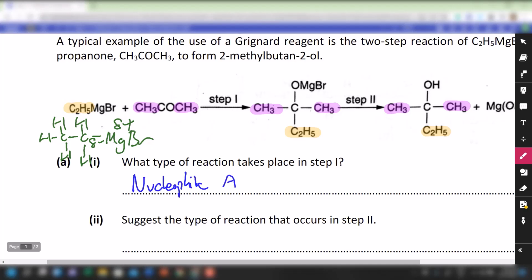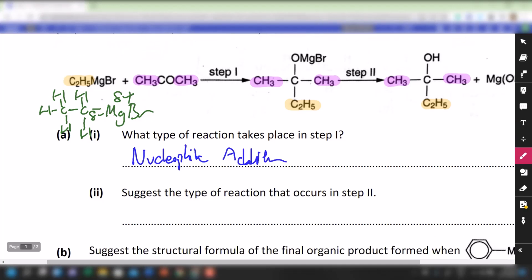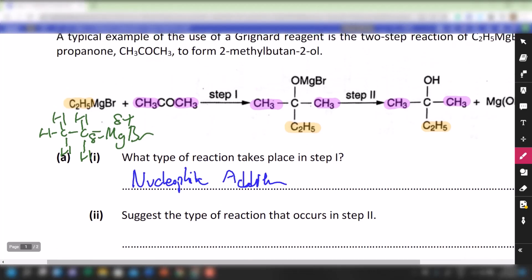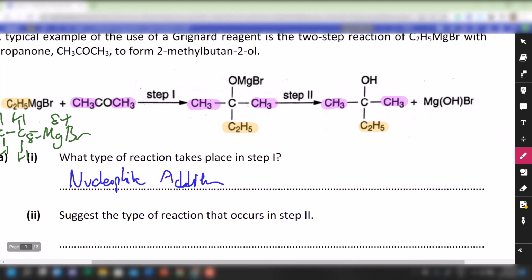Okay, then if we are going to move on to the next step, suggest the types of reaction that occur in step 2. Before we decide what kind of reaction this is, I think we might want to discuss what OMgBr looks like.